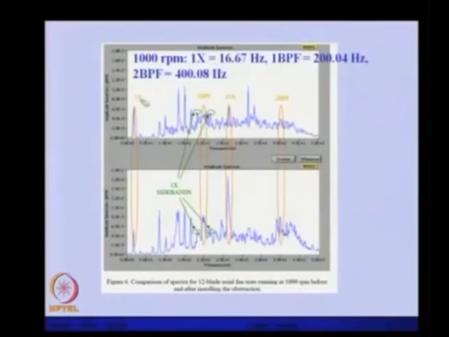So, we can see there is a 1x, one blade passing frequency is this one, and there are sidebands to that. This is a component of the 16x of the rotational speed. This is twice the blade passing frequency peaks. So, this kind of spectra we can expect from such blades.